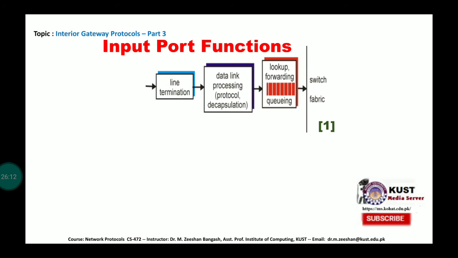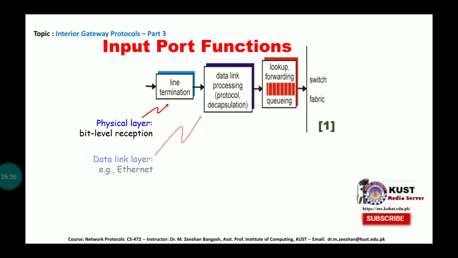Now about the input port function. The port function is again divided into three parts. The first part is the line terminal, which is the physical layer used for bit level receiving, a bit level receptor. Then the bits that are received are forwarded to the second part of that input port, the data link layer, which is processed by the data link processor and used for decapsulation as per the header information.